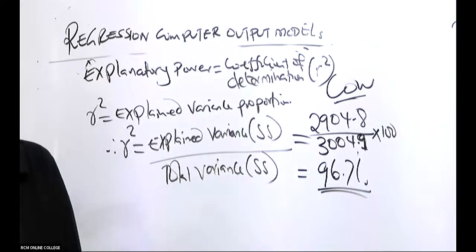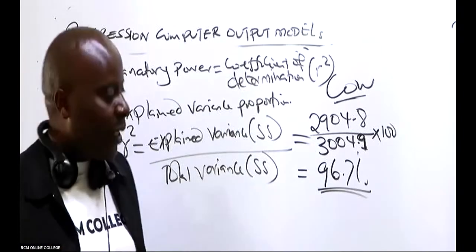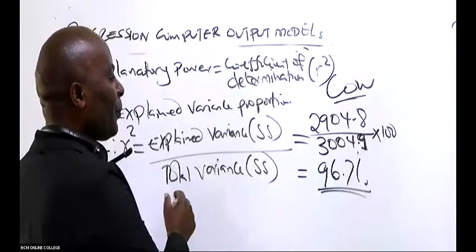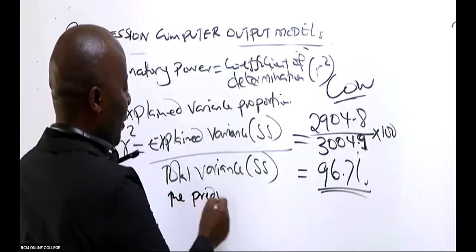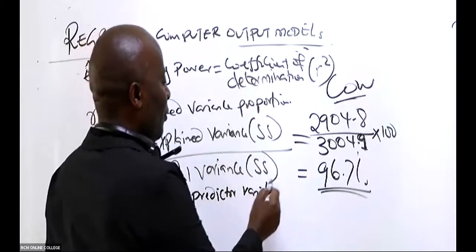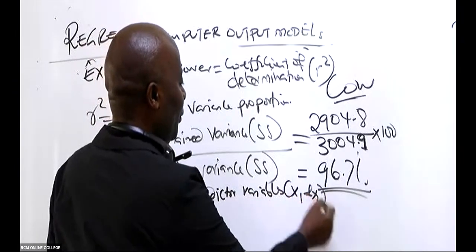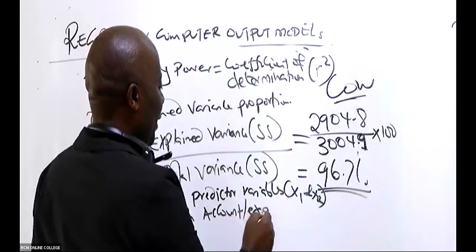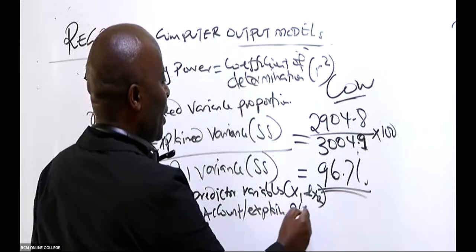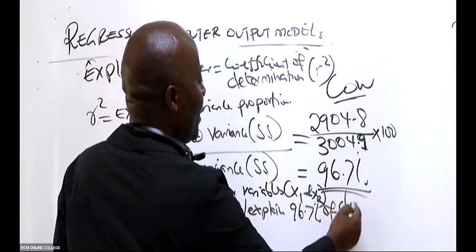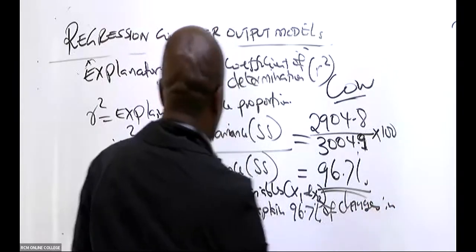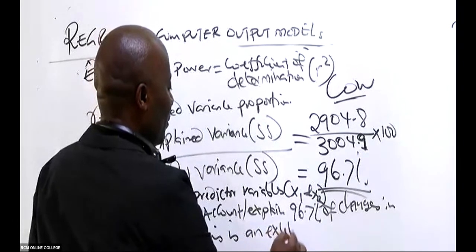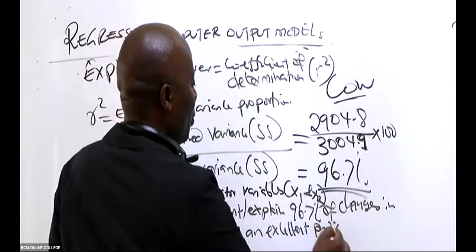Thank you so much. So don't forget to interpret it. This means that the predictor variables, that is X1 and X2, can account for, that is explain, 96.7% of changes in Y. This is an excellent prediction model.